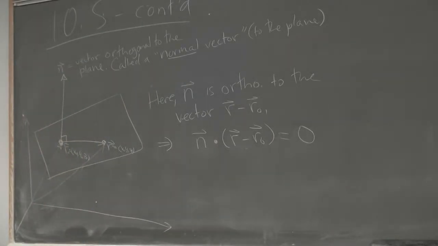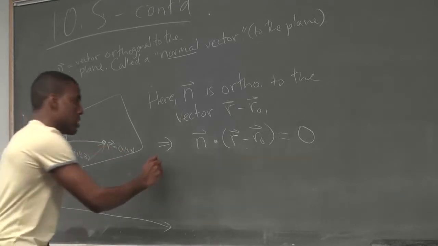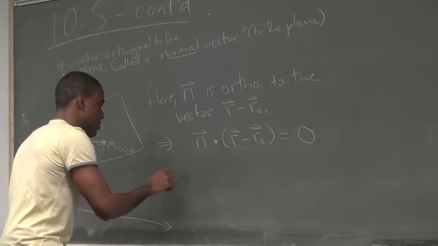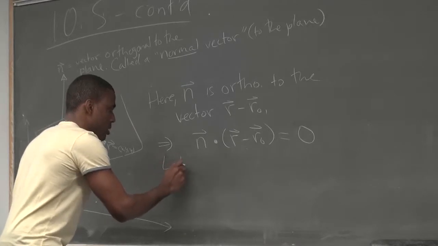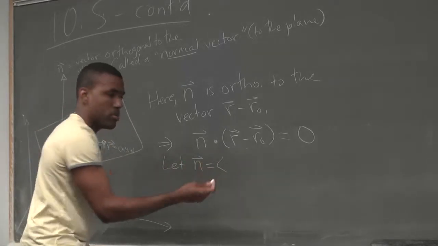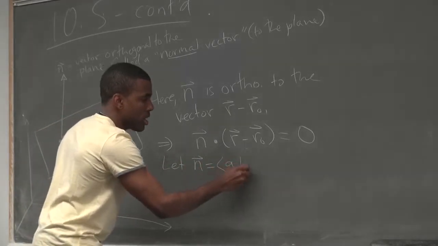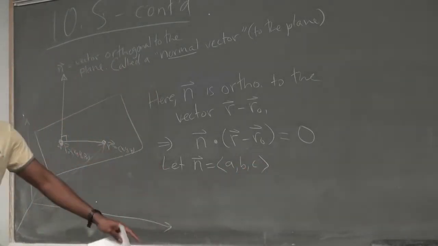Now if r is x, y, z, and r0 is x0, y0, z0, then it's conventional to call n = (a, b, c), not to be confused with the a, b, c from the line.